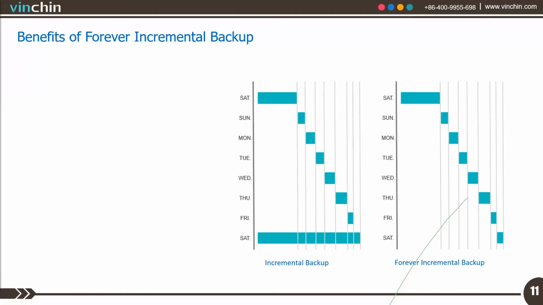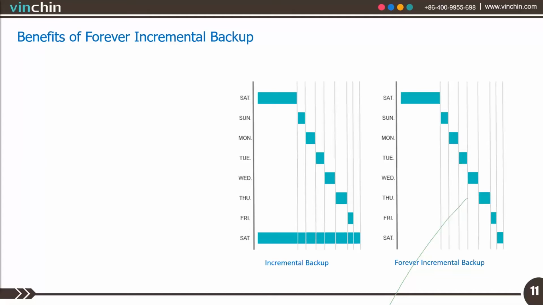At this moment, if the retention policy is to reserve a restore point within 30 days, there's no problem for forever incremental backup, as the full backup at the beginning of the backup chain can be merged with the following incremental backup as a new full backup. But for the incremental backup, there's no way to do this.